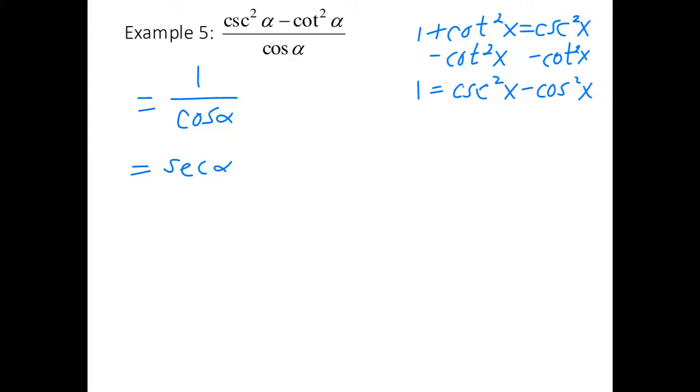Probably, because you would have had to use the sine and cosine Pythagorean identity, but you would have also had to deal with some fractions, making a common denominator, that kind of thing. So know that there is more than one way to go through these, but sometimes you find the faster one right away, and other times you just have to go down a path and work it out until you get to the finish line. There's not necessarily just one right way to do these.